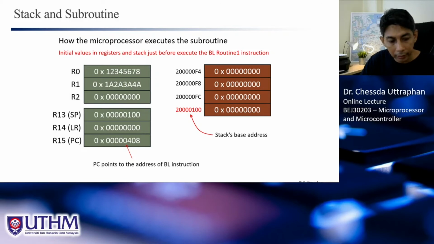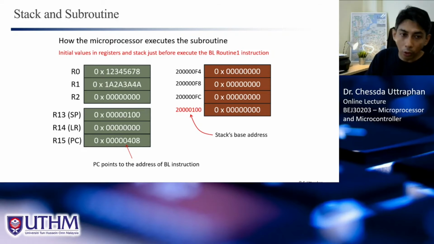So let's see how the computer works when we execute the subroutine. And remember, the computer is hardware. So just imagine how to design hardware that knows which task to do. All right, so normal execution is to execute the instruction based on the address pointed to by PC.